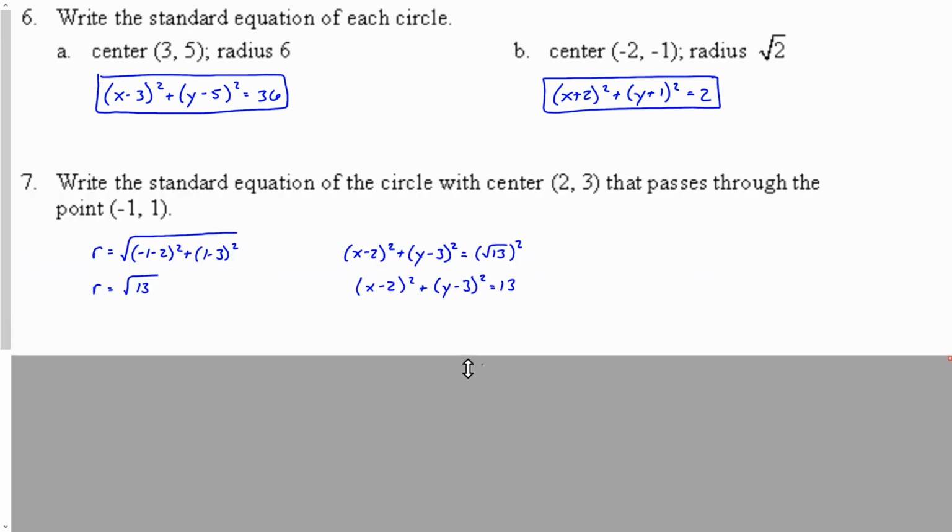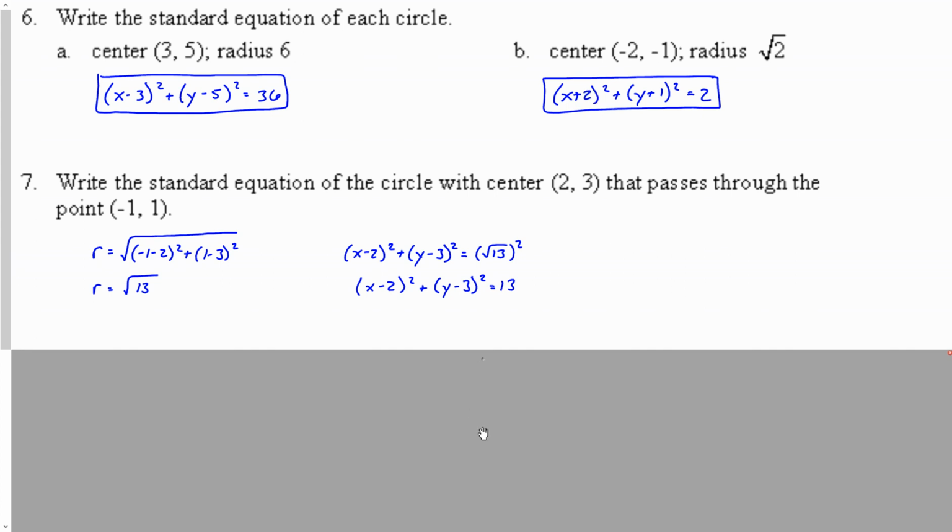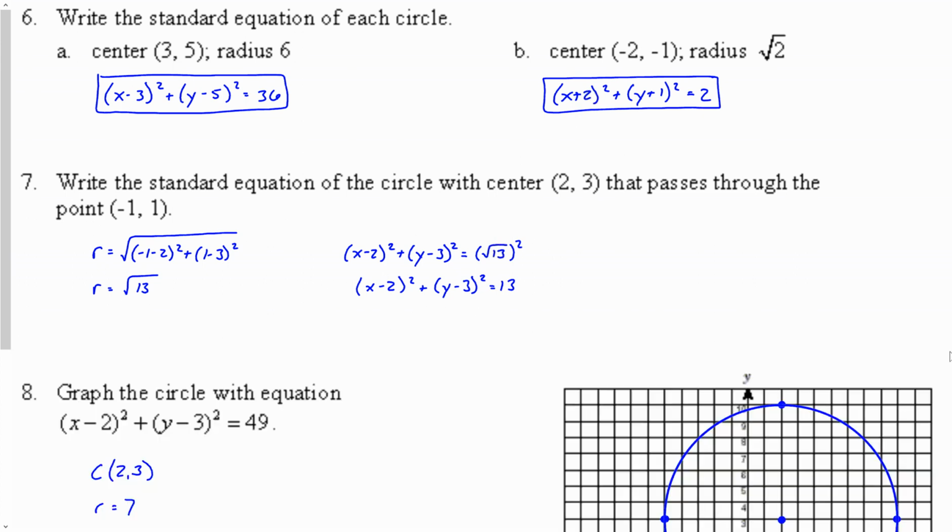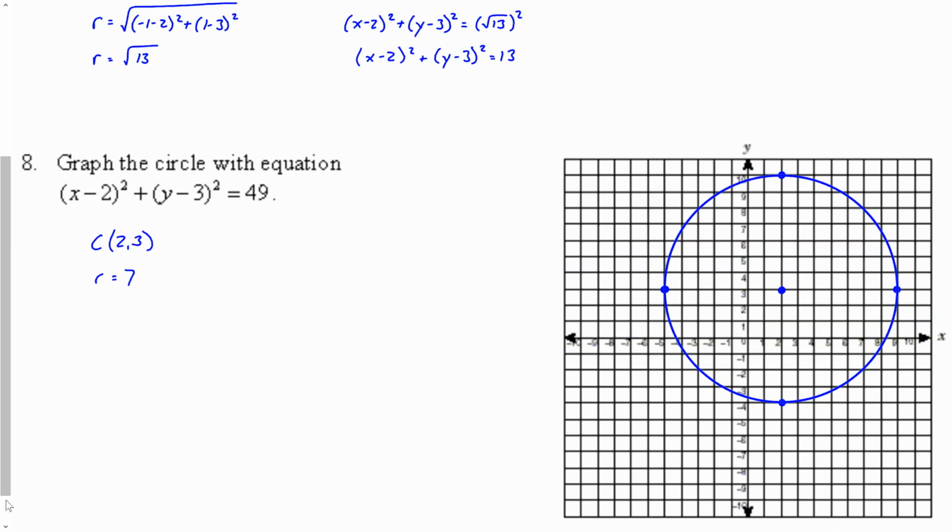For number 7, this time we weren't given all the information that we needed to write the equation of the circle, so we had to use either the distance formula or the equation of a circle to find that length of that radius and then be able to write the equation. And then lastly, are you able to pull out the necessary information, being the center and the radius, to graph a circle?